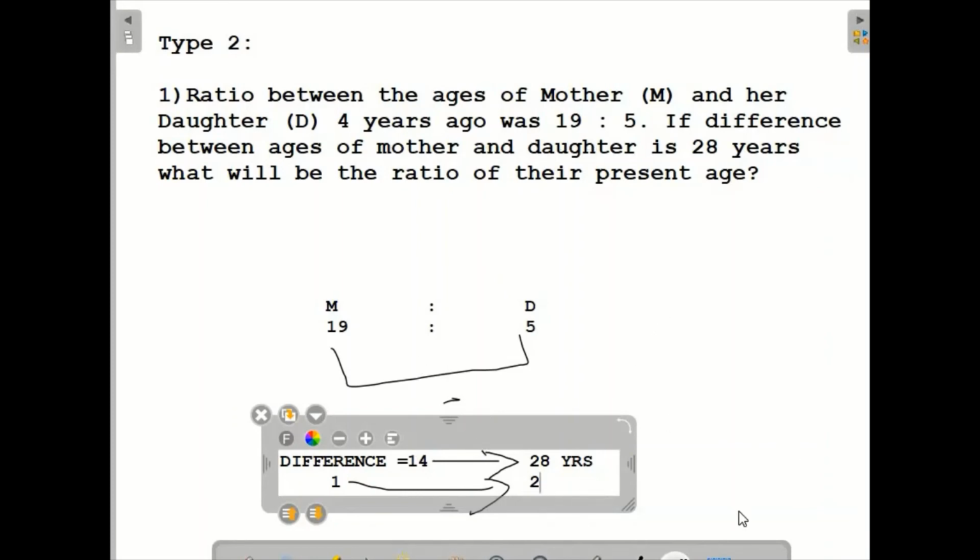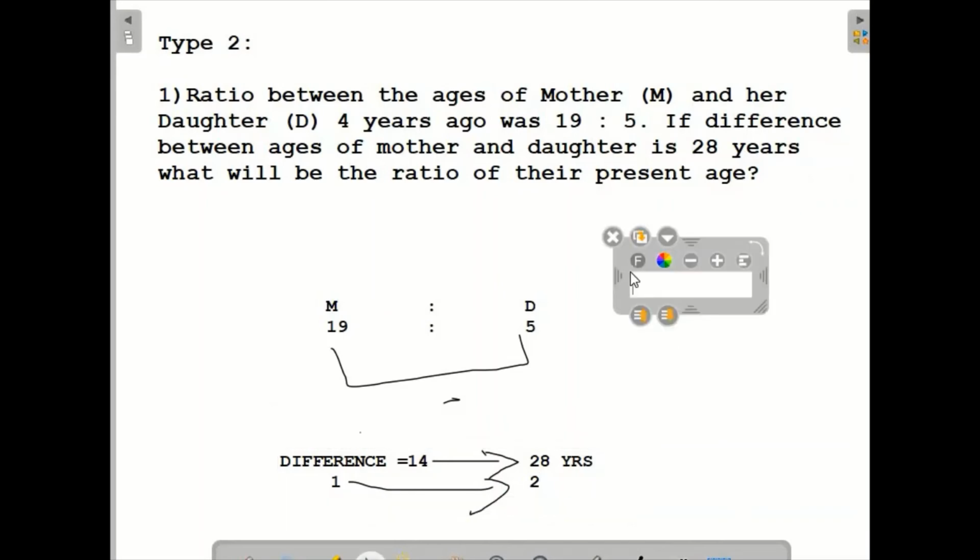So 4 years ago it was 19 into 2 is to 5 into 2.